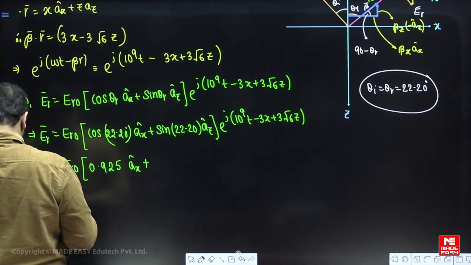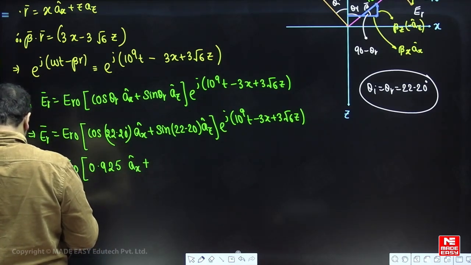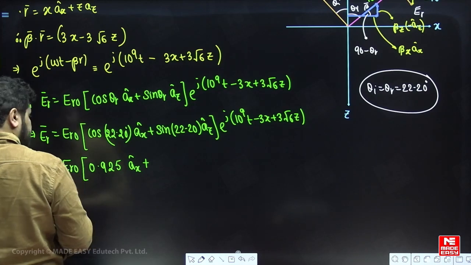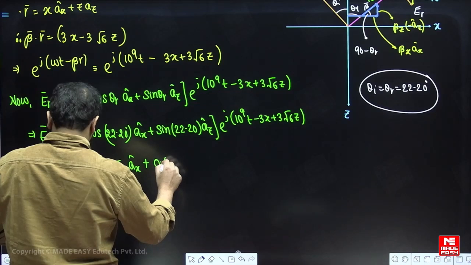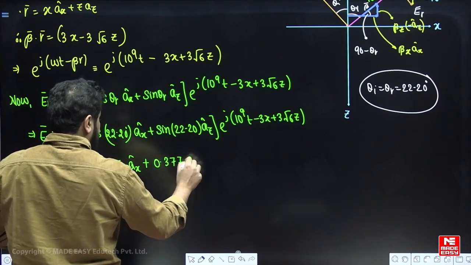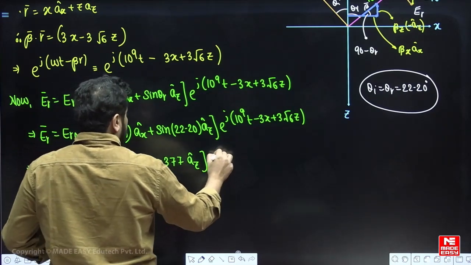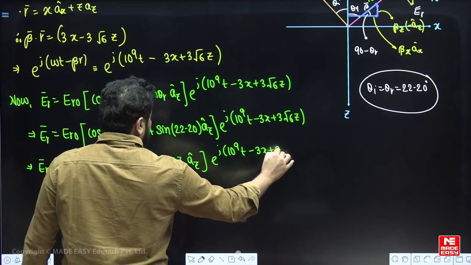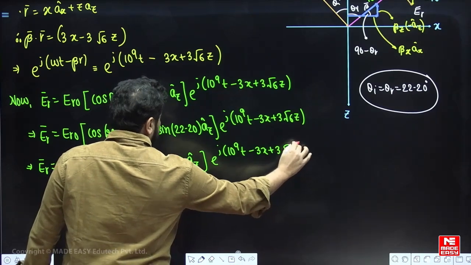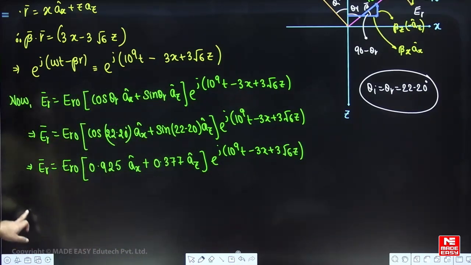Plus sine of 22.20, 0.377 az, e to the power j 10 to the power 9 t minus 3x plus 3 times root 6 into z.